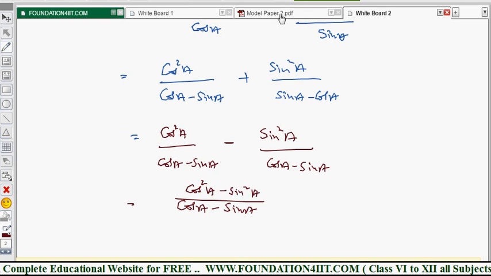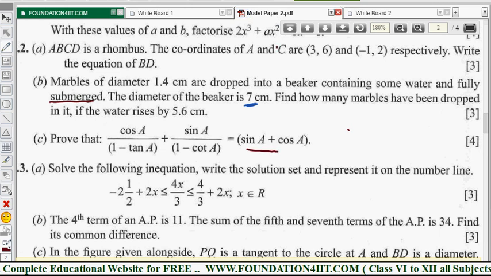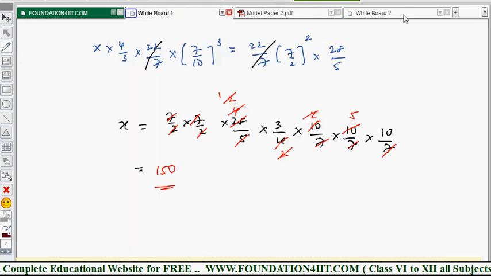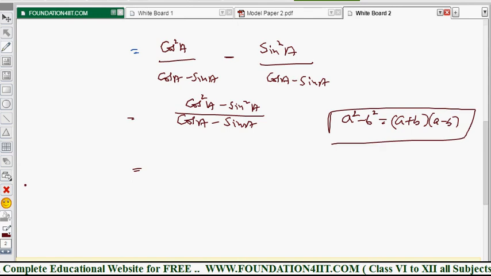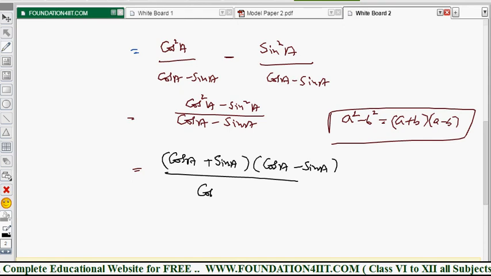Now according to the RHS, it is only sin A plus cos A, right? Then for this numerator you can use the a square minus b square formula. a square minus b square equals a plus b into a minus b. Let us apply this formula here. You can write cos A plus sin A into cos A minus sin A, and the denominator is cos A minus sin A as it is.